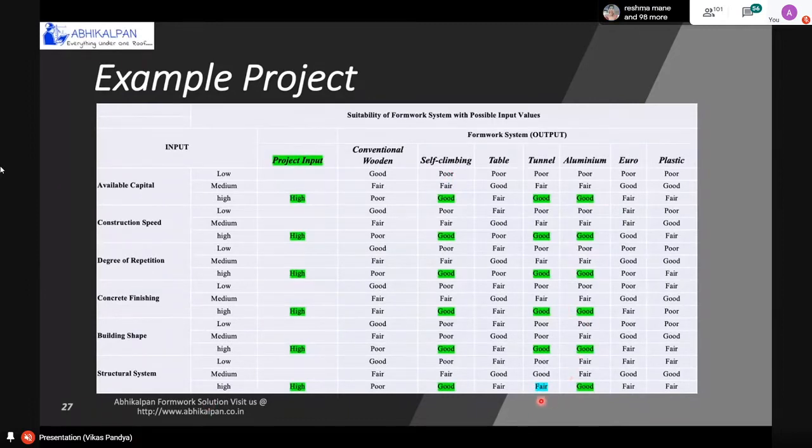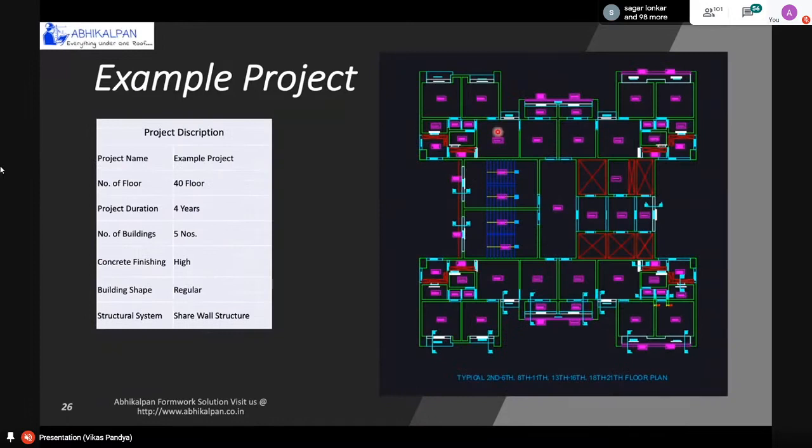In the structural system, the entire system is a shear wall structure. As you can see in this shell plan, there are a lot of internal walls, and these are structural walls. That is the limitation of tunnel form, because if you cast with the tunnel form, you must prepare for a tunnel, and you cannot give the offset and everything.